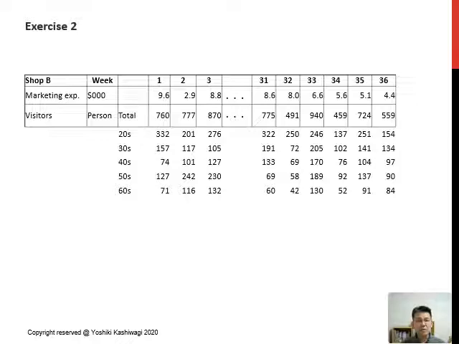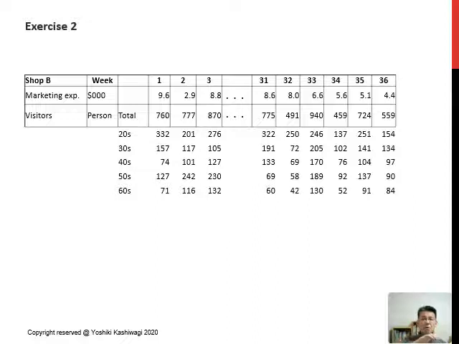In other words, this marketing activity invites visitors from which age group. So in this case, you can find the correlation between marketing expense and number of visitors by age group.